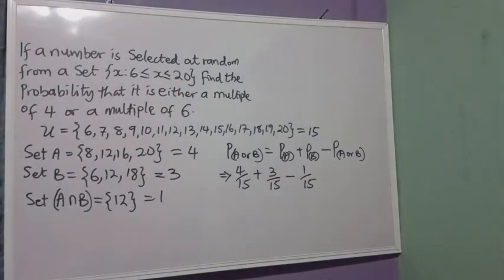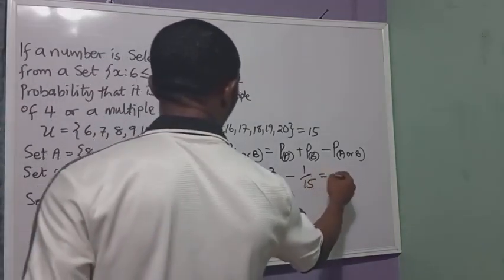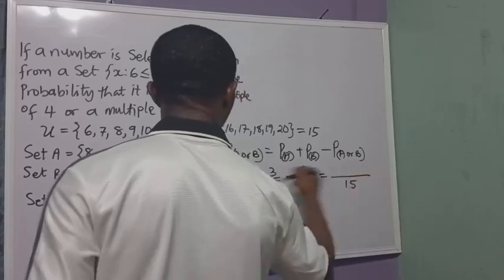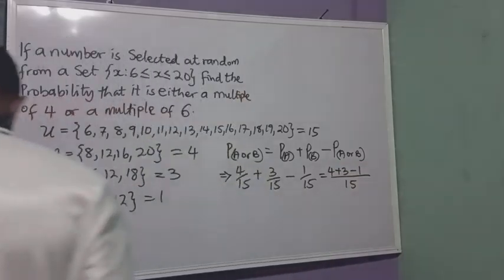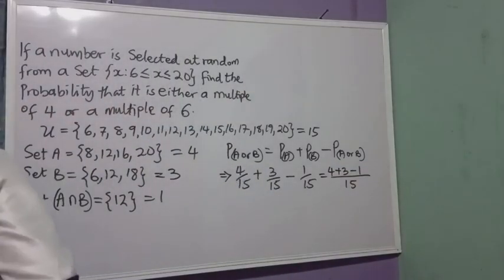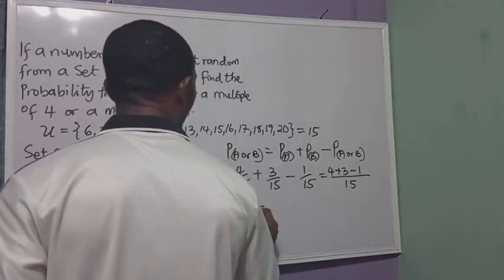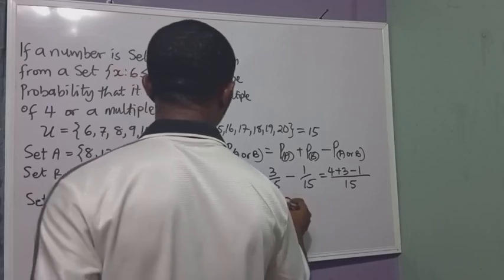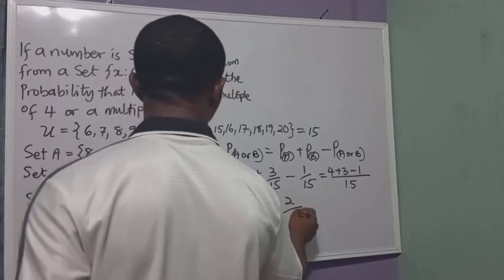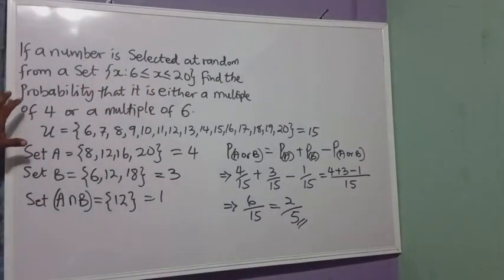Now we collect them together, since they have a common LCM, which is 15, so this becomes 4 plus 3 minus 1, which will give us 6/15. Now break it down to its lowest term: 3 into 6, 2, 3 into 15, 5. So the probability of this occurring will be 2/5.